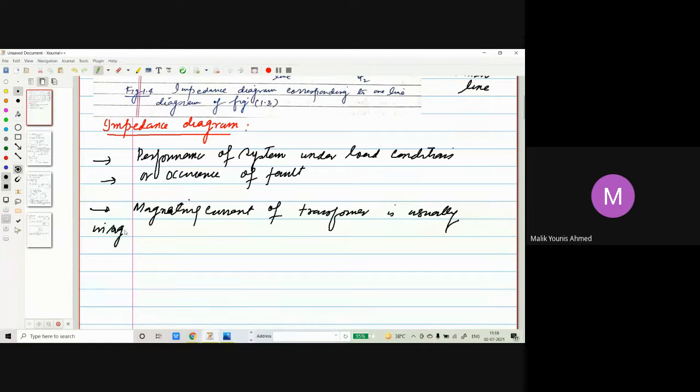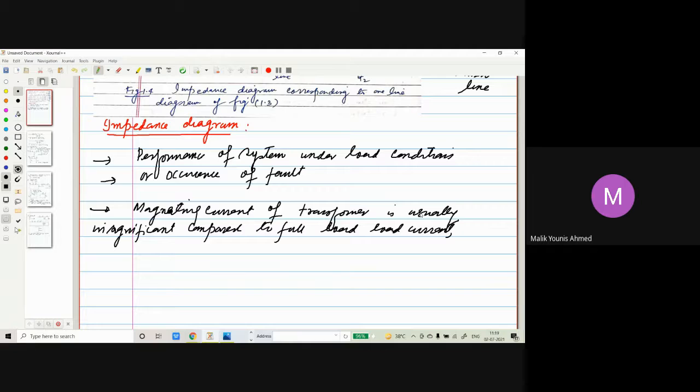That is, it's not important compared to the full load current. The amount of the magnetizing current is very small as compared to the full load current.